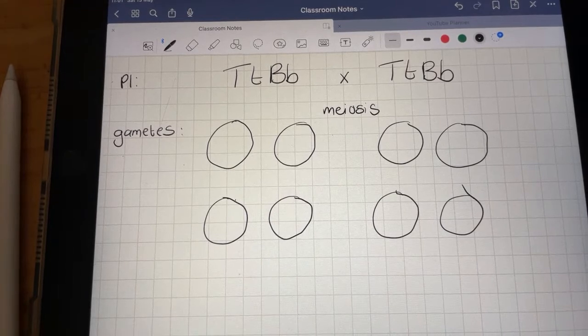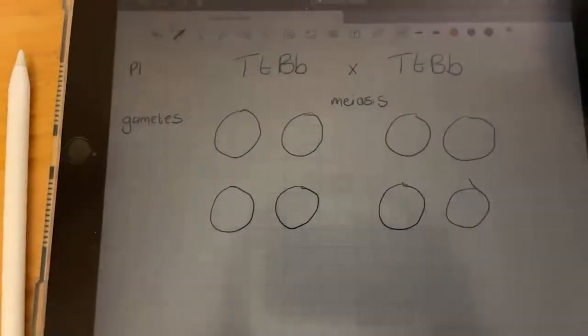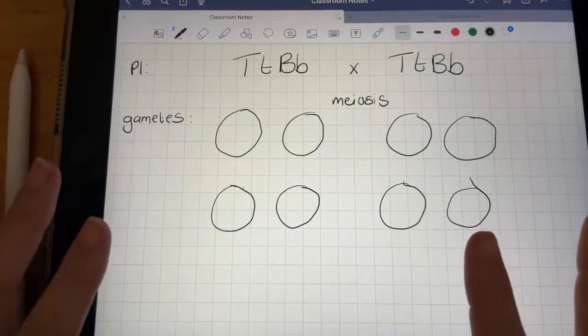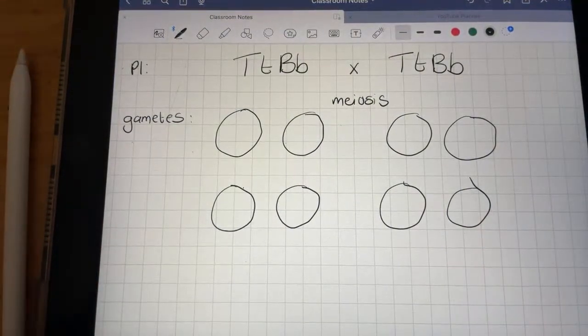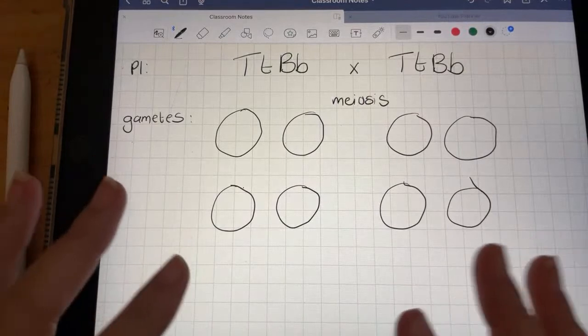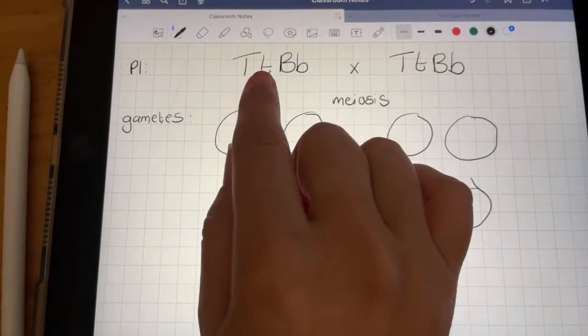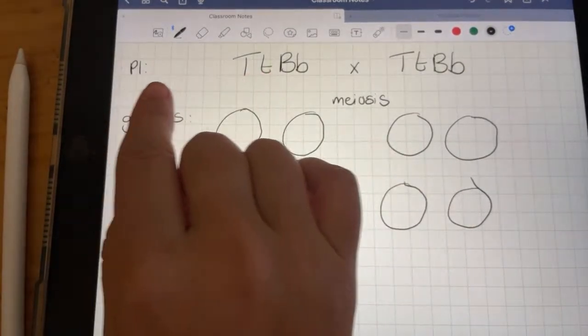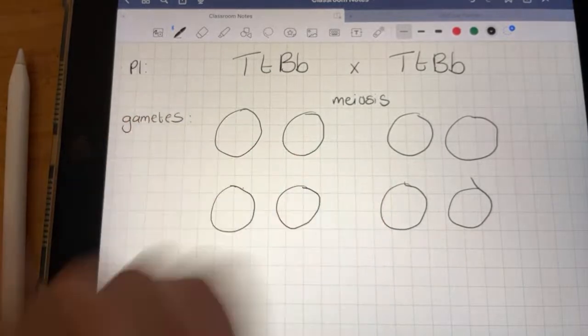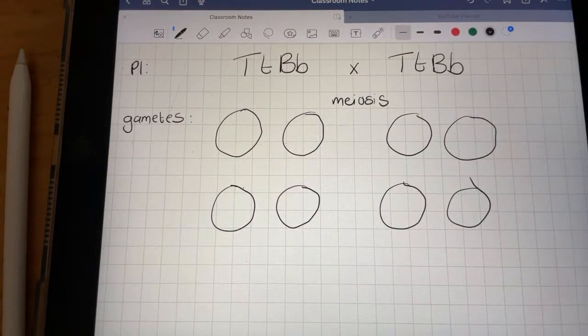I'm just saying they write a lot of stuff that's not important or that's not going to get you any marks. And people are like, well, ma'am, you haven't written the genotype here. I have written the genotype. It's up here. If you're asking me, why didn't I write the word genotype over here? It's because you don't have to. It's not going to get you any marks. It's not important. And if you ask me, okay, ma'am, but how do you know that? Like, I'm scared I'm not going to get marks.